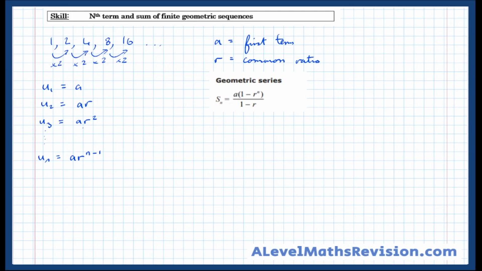And n, just like in arithmetic sequences, is the number of terms to be summed. So that's the introduction. And from having done arithmetic sequences, you've got the experience now to be able just to jump straight into this. So let's have a look at some example questions.